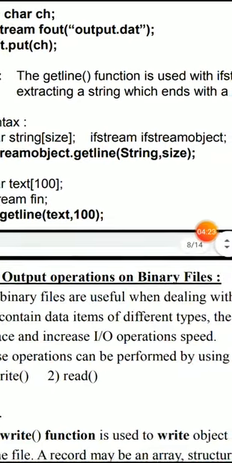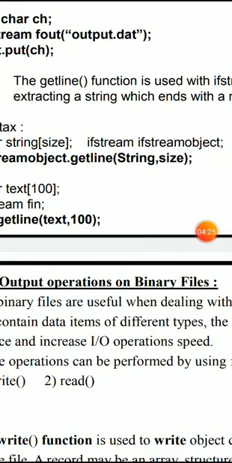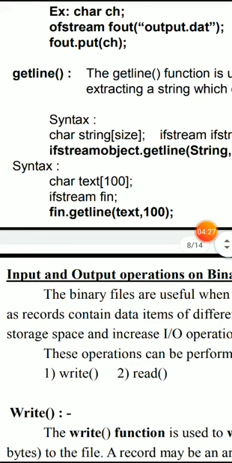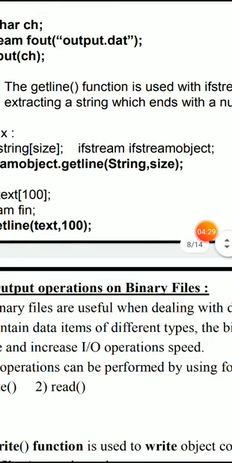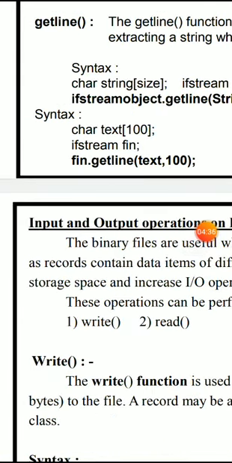This function belongs to ifstream. That's why you have to create an ifstream object. Through the ifstream object, the getLine function can be accessed by passing two arguments. One is the string name of a variable and the next one is a size. Example: char text 100. This declaration tells the compiler that the user wants to enter 100 characters in a variable called text, which is of string type.